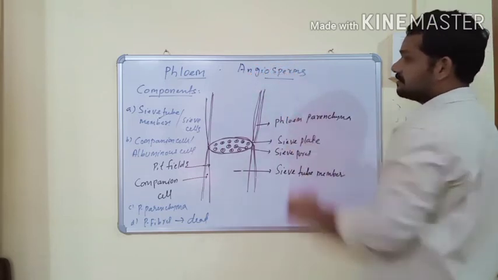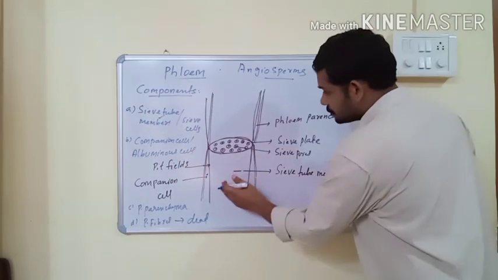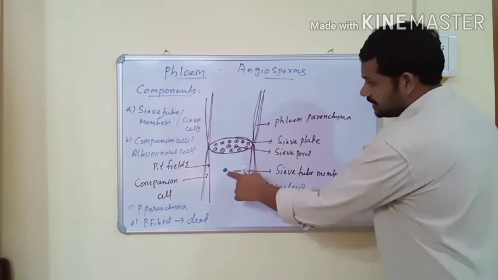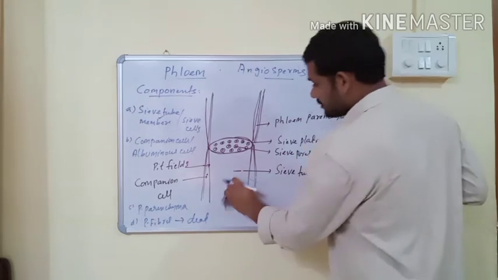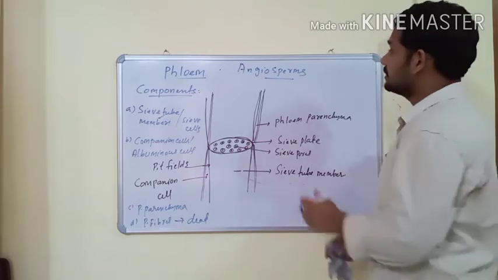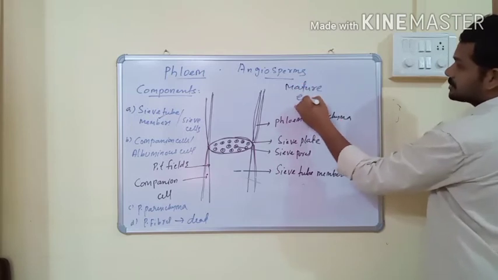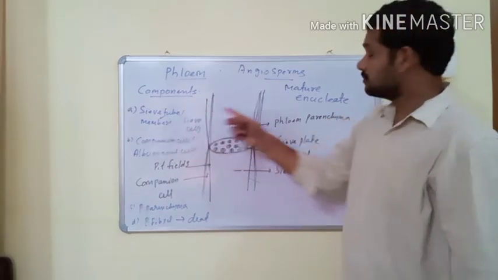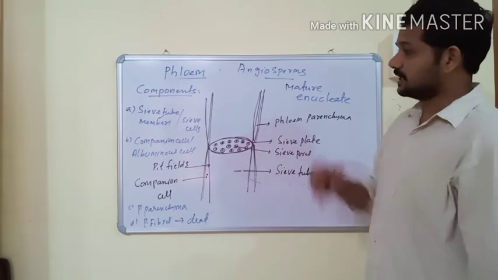Initially the young sieve tube members retain their nucleus, but at the time of maturation the sieve tube member loses its nucleus. This is a very important point: the mature sieve tube member is enucleate.